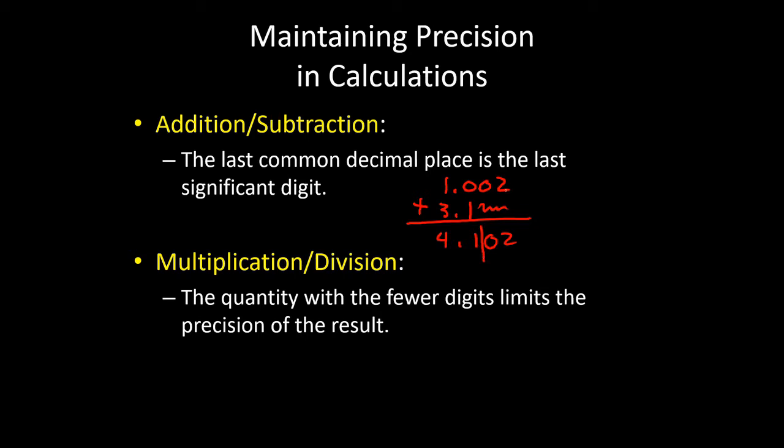Even though in this number we knew to the thousandths place, we have no idea what's going on even in the hundredths place with this number. And so our answer can only be reported to that last common decimal place, so 4.1 would be the answer there.